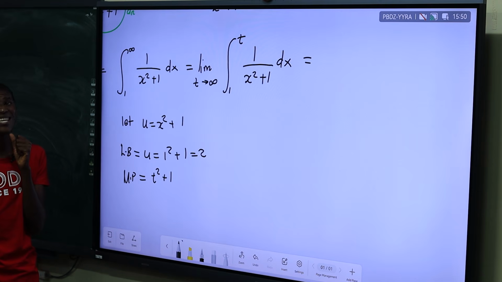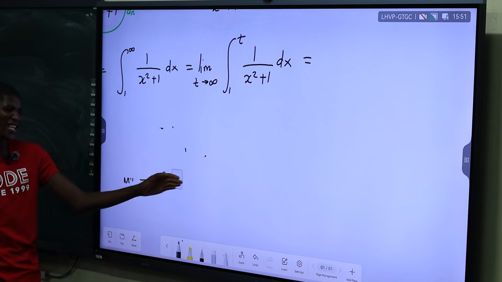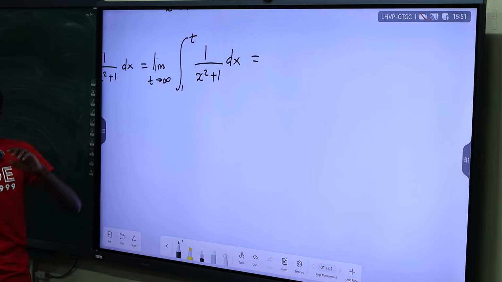It's going to give you ln of t squared plus 1 minus ln of 2. Try to use this method. You must get the same solution though. But this is an identity already. It has already been derived, so there is no need for you to go through the route with your calculator.